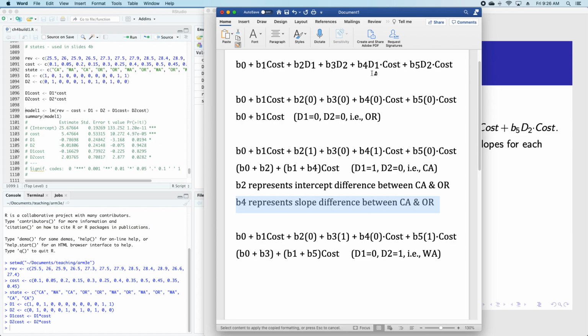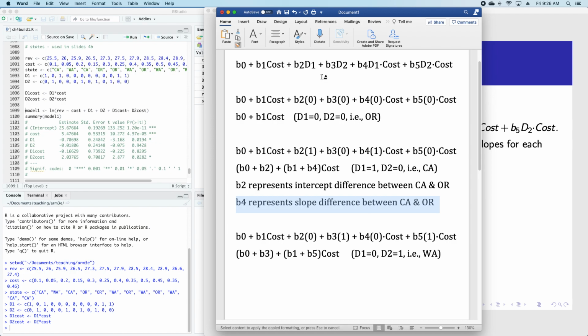So this is how regression parameters that multiply indicator variables, or interactions between indicator variables and quantitative predictors, represent differences either in intercepts or slopes between that level or that category and the reference level or the reference category.